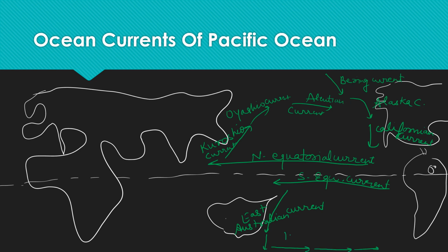As it is drifting from the west direction, that's why it is known as the west wind drift. Then it will move to this direction, that is known as the Peru current, a very famous current for upwelling reasons also. This is how the ocean currents of the Pacific Ocean will exist.